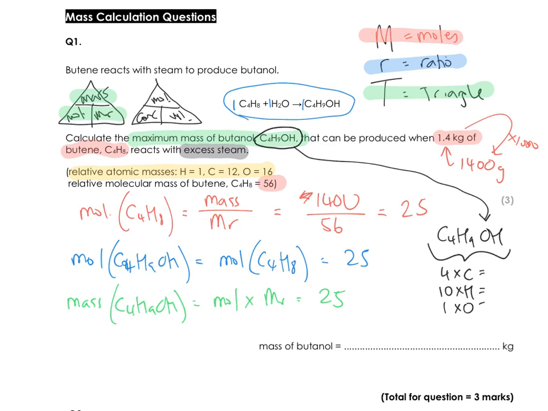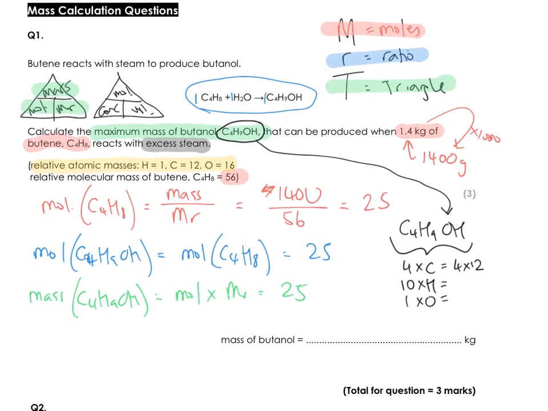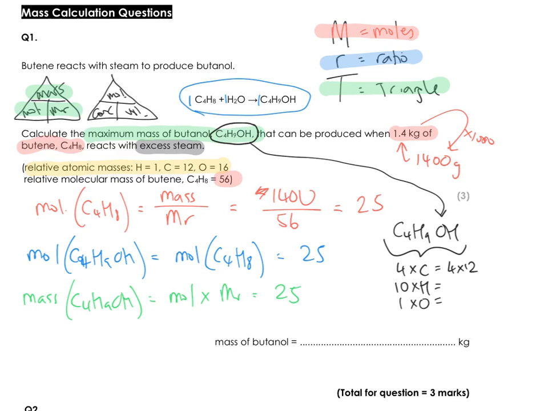So if we work out what that all adds up to, the carbons each weigh 12, the hydrogens each weigh 1, and the oxygen weighs 16. So that gives me 48, 10, and 16. If I add all that together, I get 74.